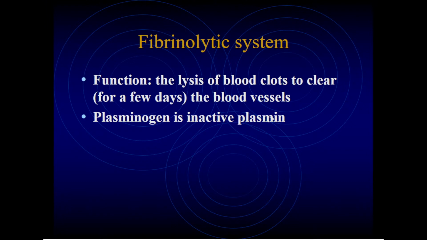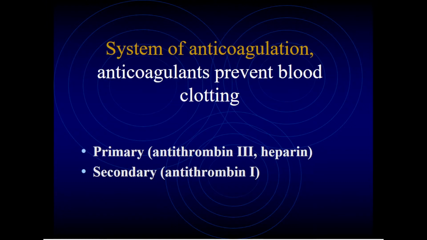A number of natural factors act as anticoagulants, inhibiting clot formation in normal vessels. Some are used to prevent clotting outside the body in vitro. Few can be used both in vivo and in vitro. The various anticoagulants are as follows.